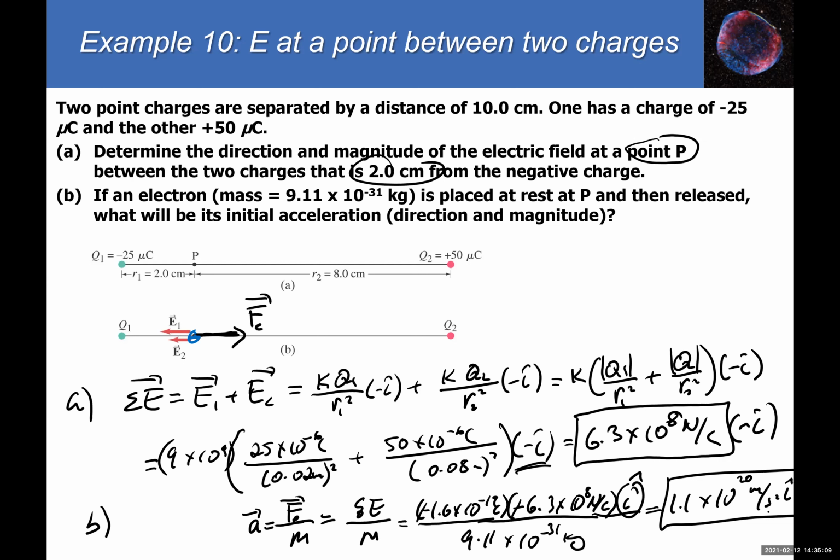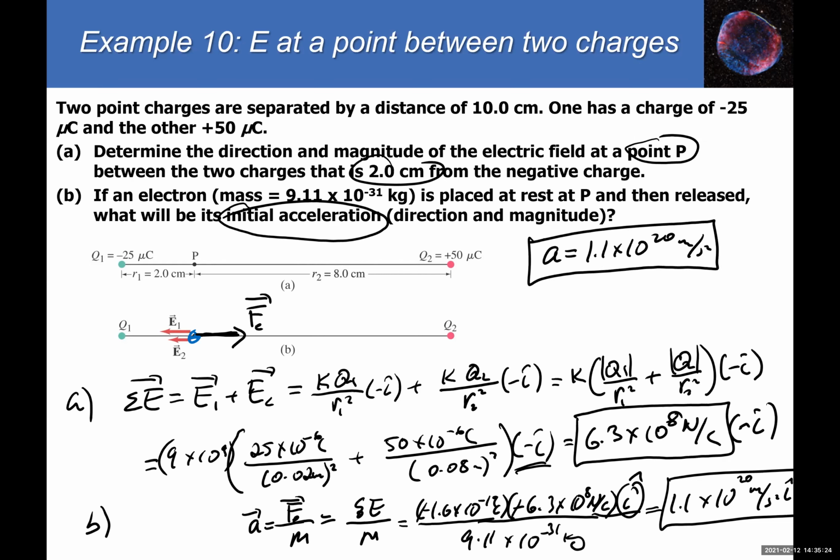Another very important thing I want to point out here: it says initial acceleration. Why does it say initial acceleration? Because this acceleration that I got, which is 1.1 times 10 to the 20 meters per second squared, is not constant. For example, if I calculate the electric field at another point, P prime, remember I'm going to get a different electric field.